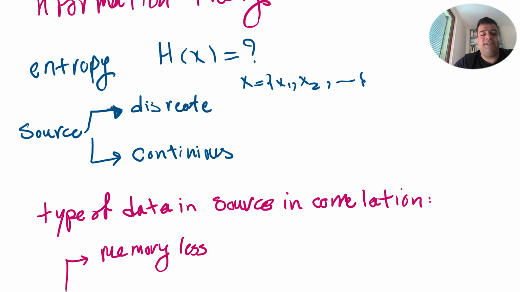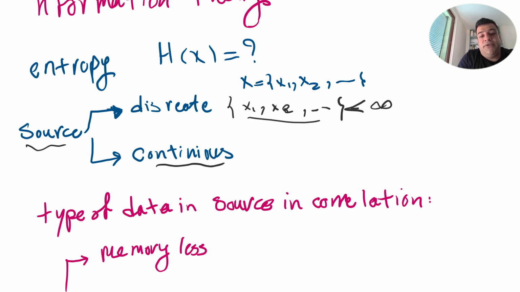At first, I'm going to explain an important notion, which is entropy. Before going to entropy, you must know how many types of source we have. First, the discrete source. What's the meaning of that? When your cardinality or alphabet is less than infinite.